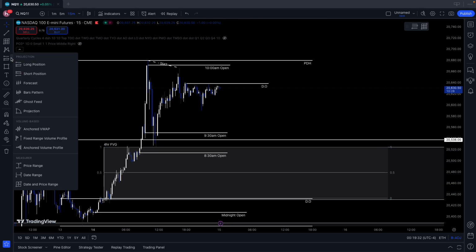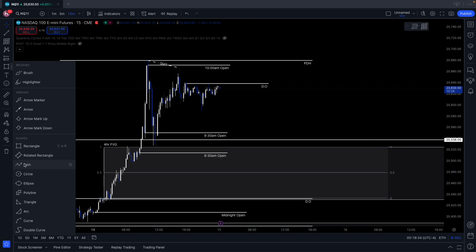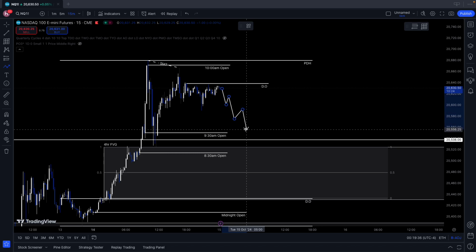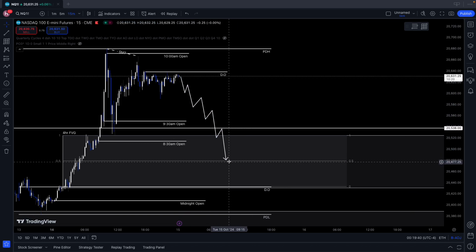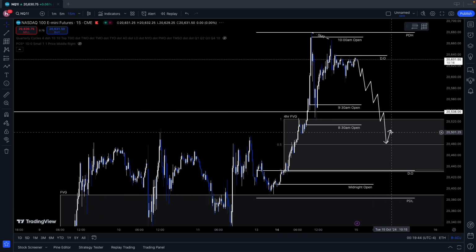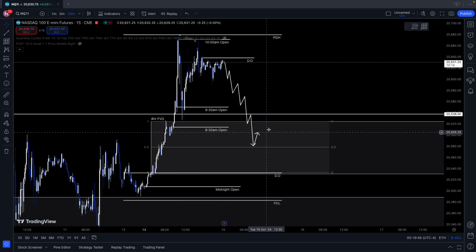So we see Asia and London trade lower into here, right? And then if we see a bullish confirmation off of that, I will look for longs because this will be a buy model for higher off of this 4-hour.